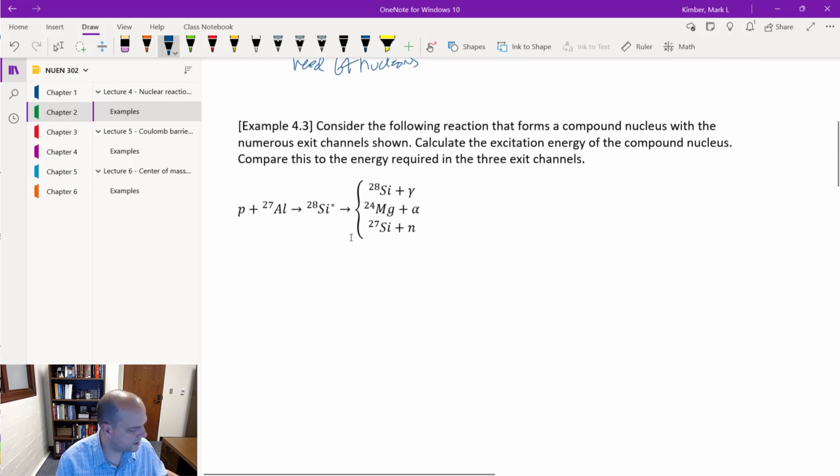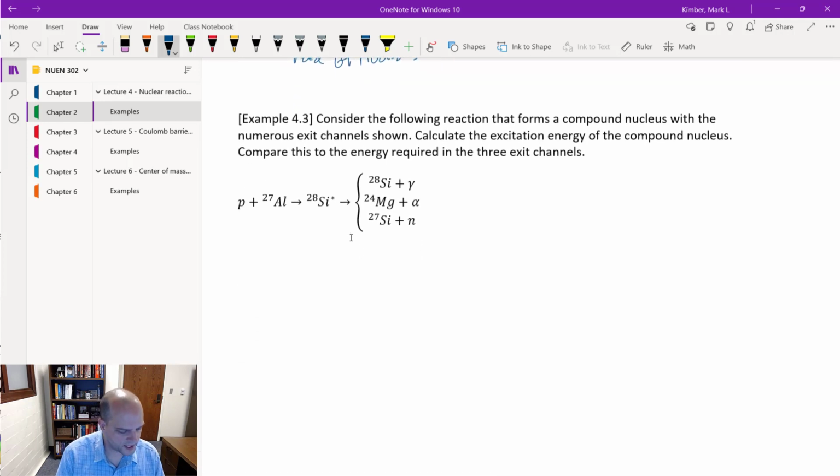We've got a proton and aluminum 27 interacting on the reactant side, and that becomes this silicon 28 in an excited state. And there we have that compound nucleus, and we've got 3 different exit channels illustrated. We want to be able to calculate the excitation energy of that compound nucleus first and foremost. And then next, we're going to want to compare that to the energy required in the 3 exit channels.